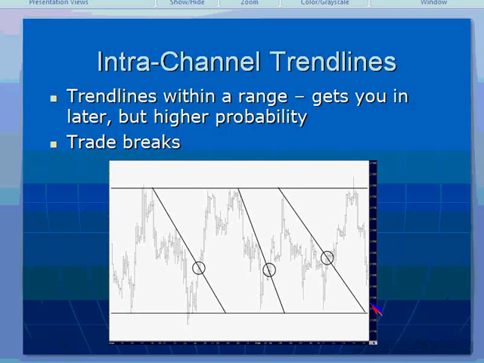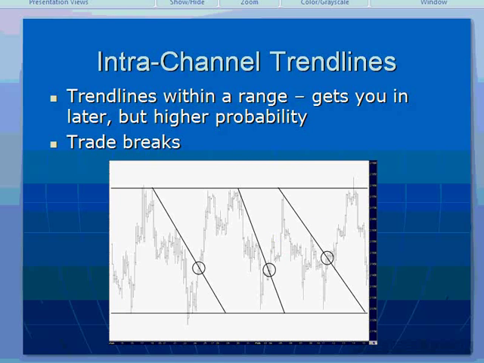Those are the three components of a swing trading setup that I'm looking for, and I'll talk about exits in a second. Okay, so support and resistance levels, we got the channel, and then this is my entry trigger, trend lines within a range. They may get you in later than if you had gotten in at the very bottom of the range, but for me, it's a higher probability trade because when you have a break of an intra-channel trend line, you have more assurance.